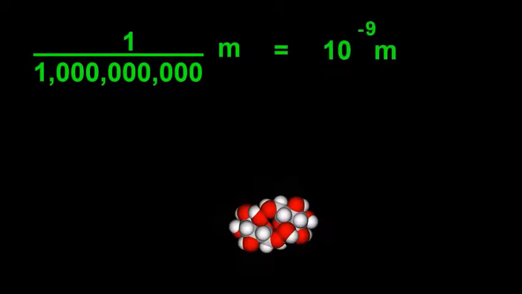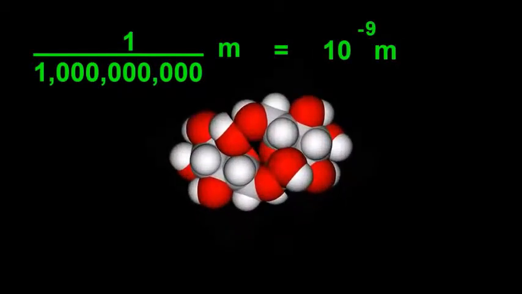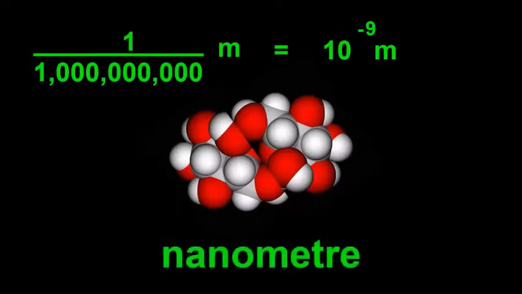Holy dooly! That's also called a nanometre. Heard of nanotechnology? That's about making things that are about a nanometre big. Even tiny robots that can travel around your bloodstream and fix up your body.